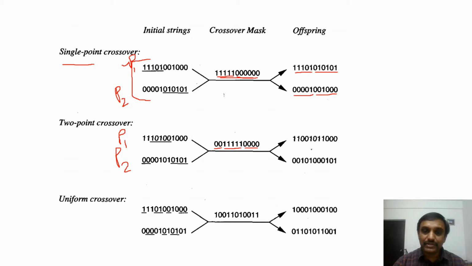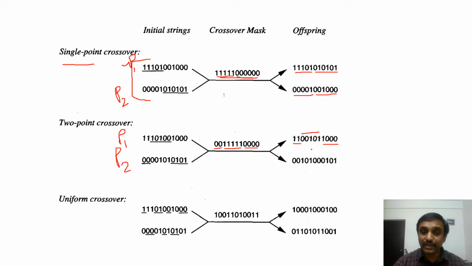Observe the first zeros. The first two zeros we are taking from parent one, those values, and the ones we consider for the second parent. These five positions we are taking from the second parent. Next zeros we are taking from the first parent. Next, for offspring 2, how are these considered?